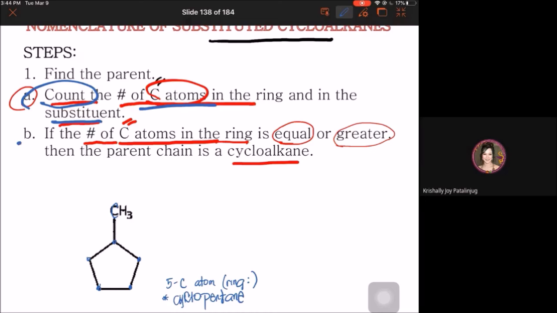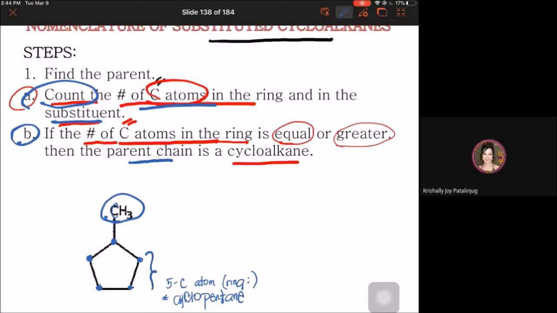Under letter B, if the number of carbons in the ring is greater compared to the carbon atoms in the substituent, then the cycloalkane will be the parent.